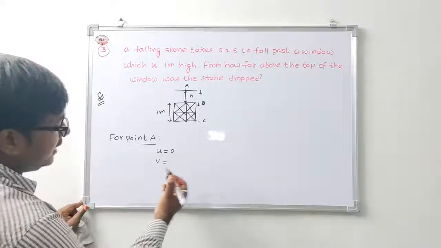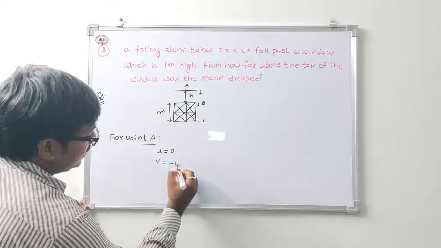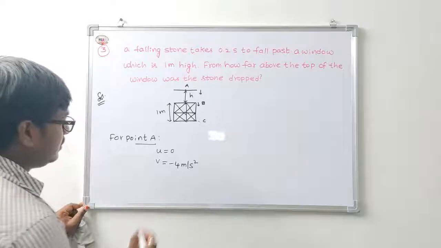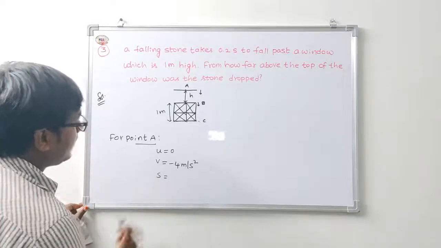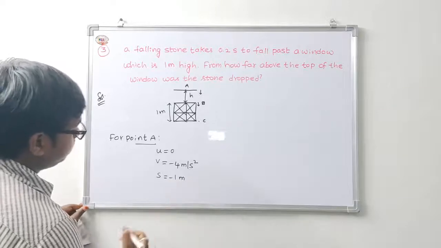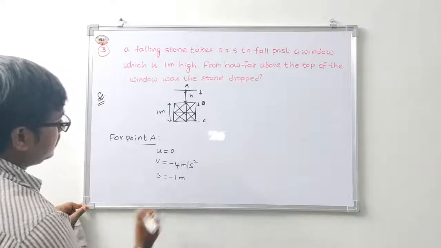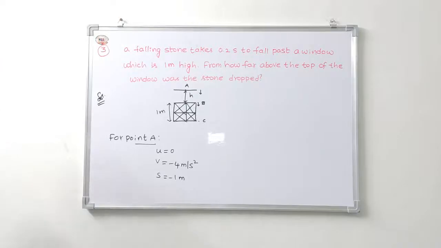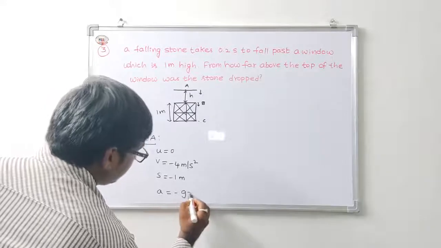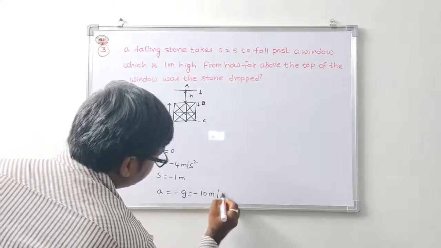Previously we found the final velocity, which is minus 4 meter per second. s is equal to minus 1 meter. Then g is equal to minus 10 meter per second square.